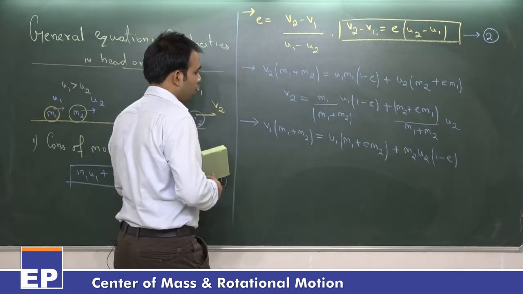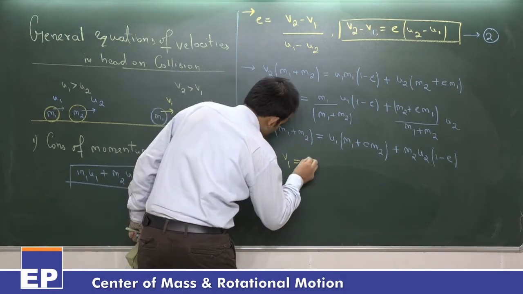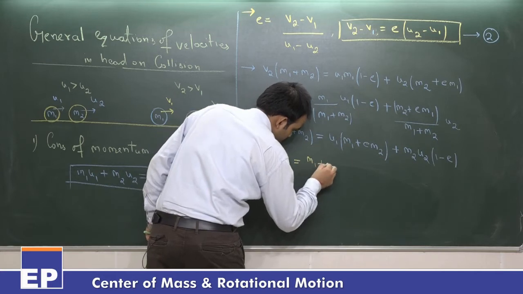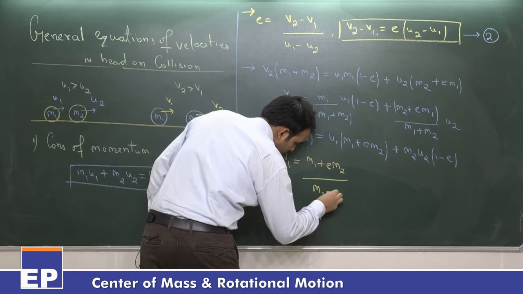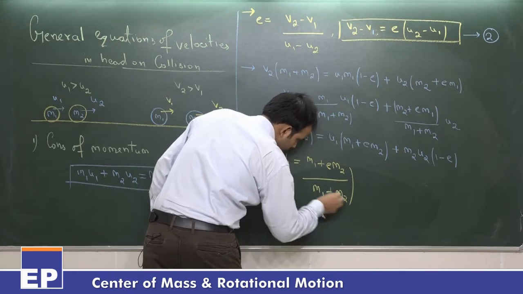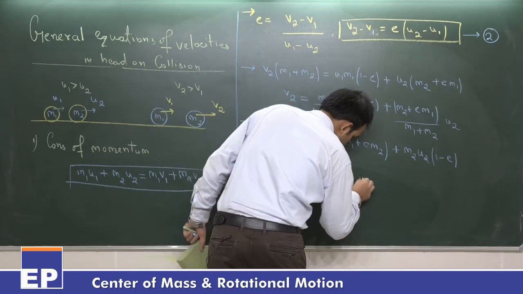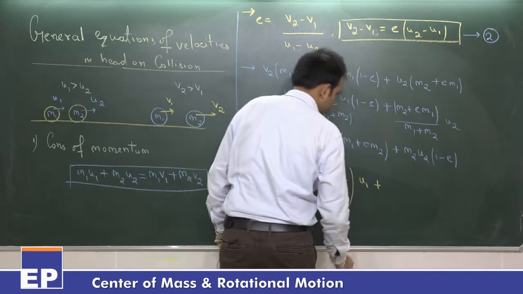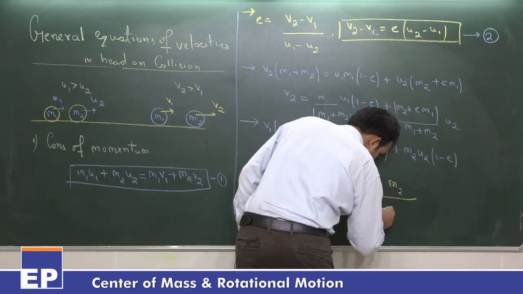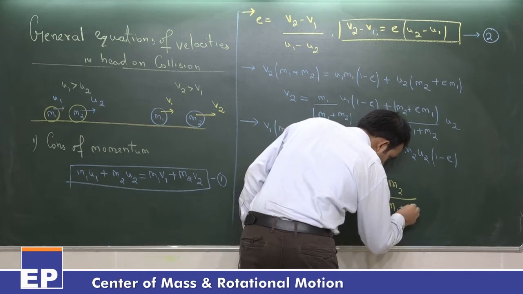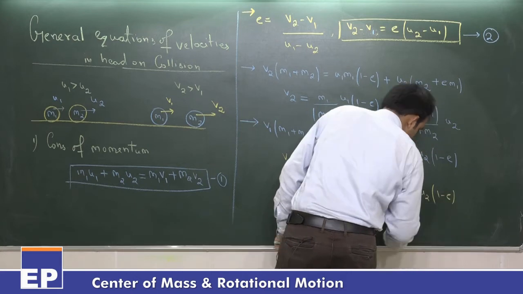So what is the value of V1? That will come out to be M1 plus E M2 divided by M1 plus M2 into U1 plus M2 by M1 plus M2 into U2 into 1 minus E. Right?